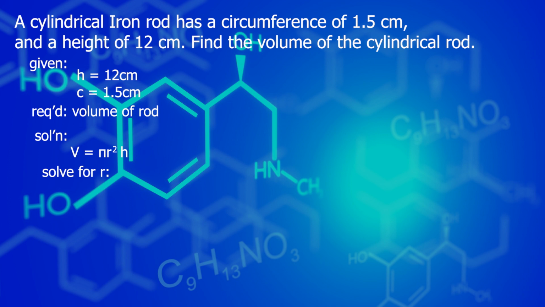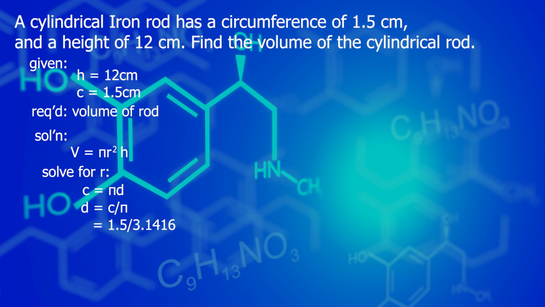Using the formula circumference equals pi d, or C equals pi d, solve first for d, where d is the diameter of the circular base of the rod. So d equals circumference over pi.